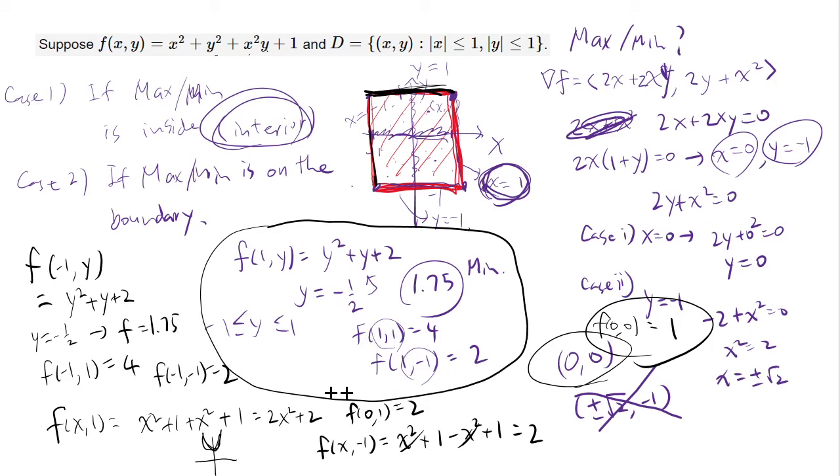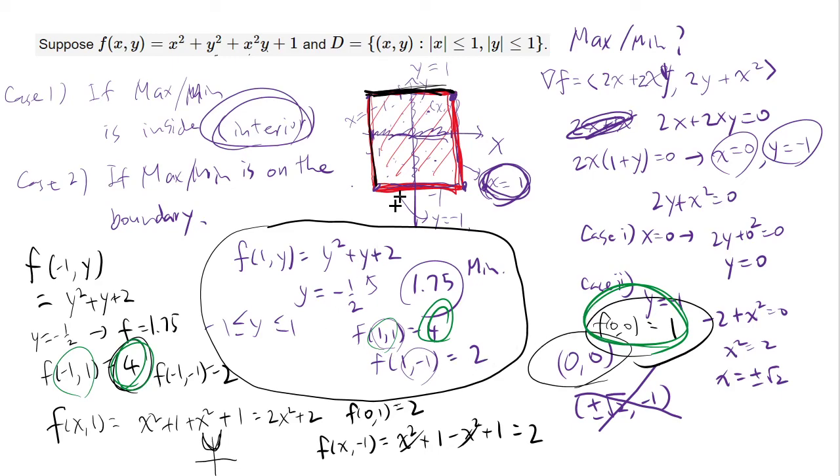So I have so many different places, but where's my maximum value? Well, I see the maximum value here. 4 is the maximum value, right? Yeah. And the minimum value is this one, okay?